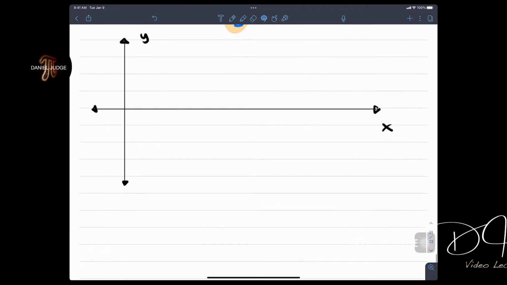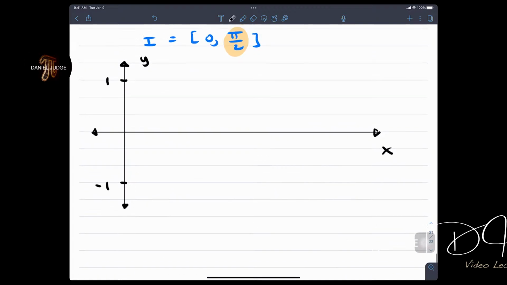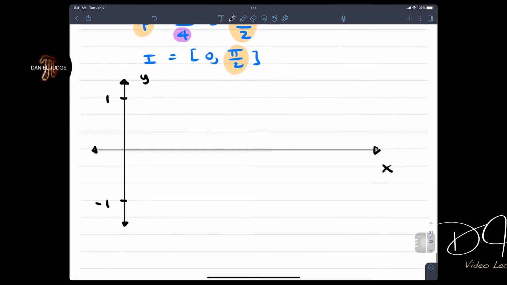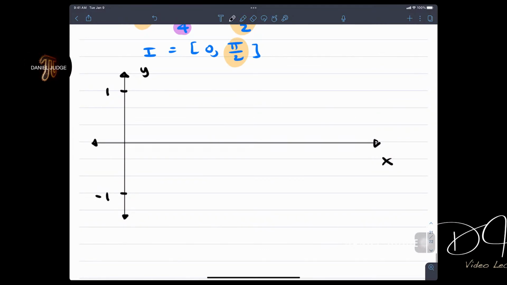So since our amplitude is 1, largest value, smallest value on the y-axis. That's why we have the amplitude. The interval of 1 cycle goes from 0 to pi over 2. And let's do it longer.